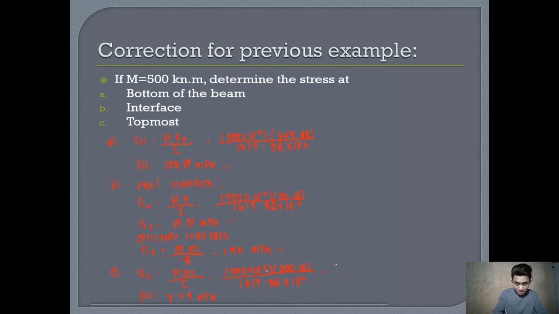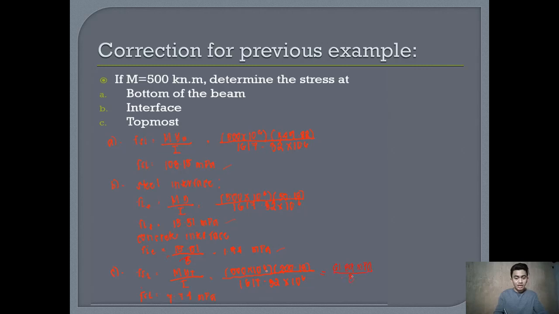This will give us 61.89 megapascal. Now, this might have caused some confusion to some of you. I forgot to include this in our computation last meeting: for the computation for the topmost part of composite beams, we are going to divide this value by the modular ratio, which is equal to 8.